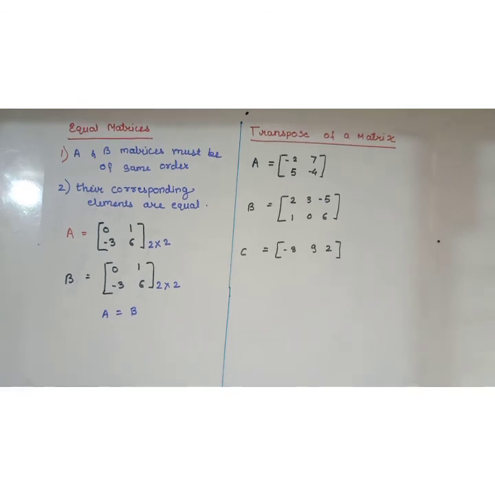Next is the transpose of a matrix. Let any matrix A be given. Then the matrix obtained by interchanging the rows and the columns of A is called the transpose of the matrix. Rows we are changing to columns, and columns with the help of rows.